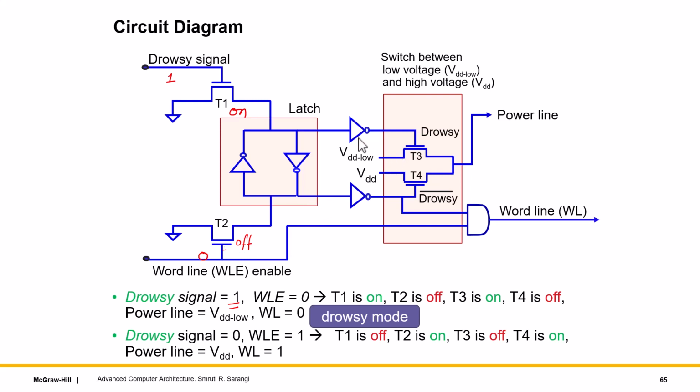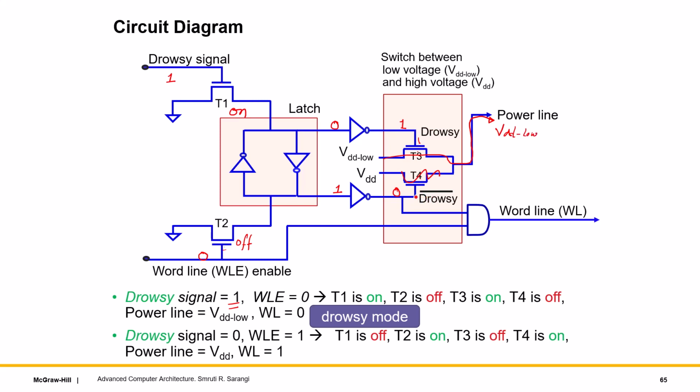Why is T3 on? Well, let's see. This is 1, so this voltage here is 0, so this is 1. So T3 is on. If T3 is on, let's look at this value. This is the reverse of this. This value is 1, the inverse is 0, so T4 is off. If T4 is off, then essentially this gate is open. So VDD low goes here and this becomes the power line. So this goes to the power line over here. This is the circuit diagram. So what basically happens is that your power line becomes VDD low.